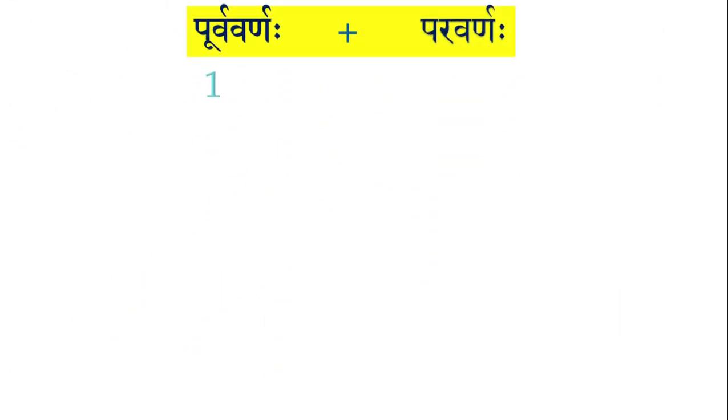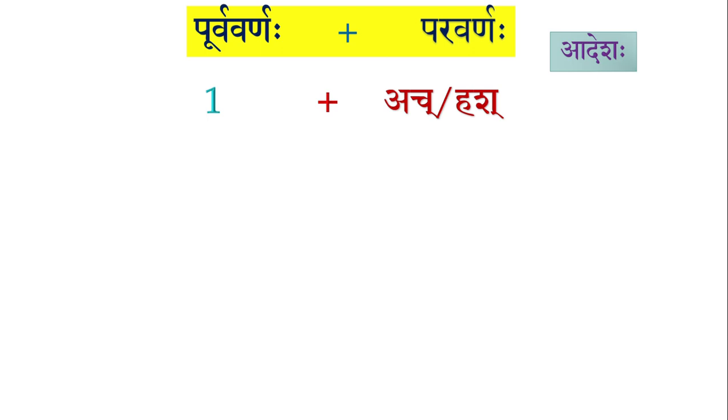Let's now study the next type of Vyanjana Sandhi, that is Jashtva Sandhi. In this Sandhi, the Purva Varnaha position is occupied by the first letter of any Vargaha, and the Paravarnaha can either be any Swaraksharam or a Hashvarnaha.